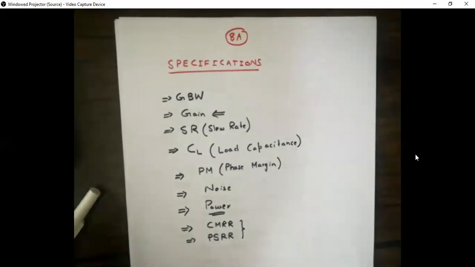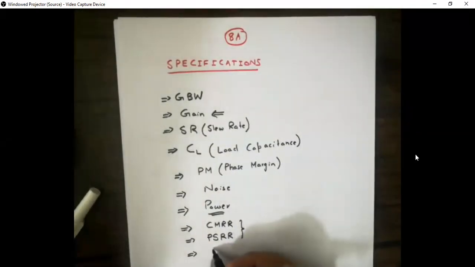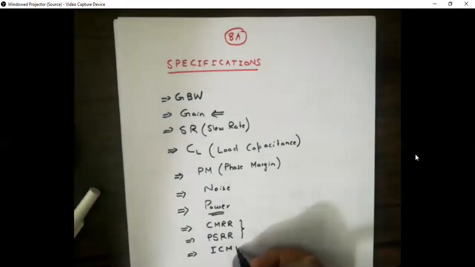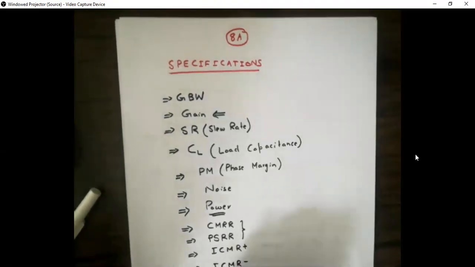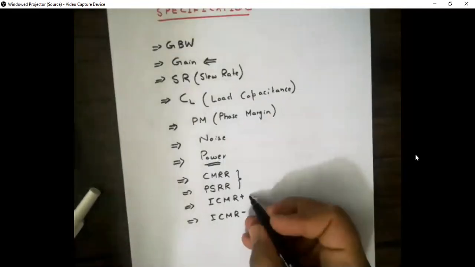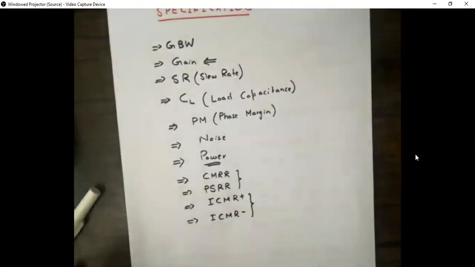Anything else which is very important for the design? Sir, input common mode range or the settling time. Right. So input common mode range is something. There are two values: input common mode range positive and input common mode range negative. Let's start from this point. What is this input common mode range positive, and what is this input common mode range negative?